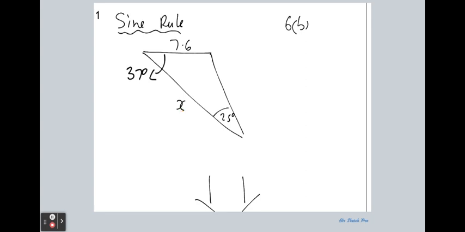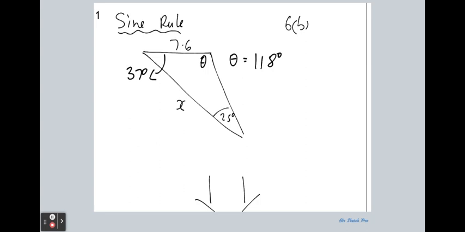Okay? So my point is, I don't match up x with 37 degrees because 37 is not opposite x. But I do have these two angles here, which means I can work out this top angle even if I'm not given it. So I could, for example, put a theta in and say theta is equal to 118 degrees. Does that kind of make sense?